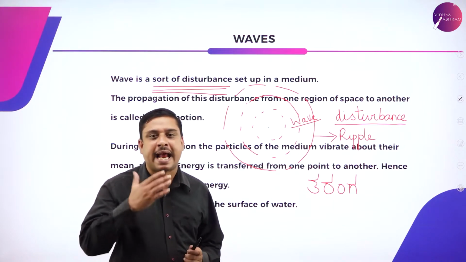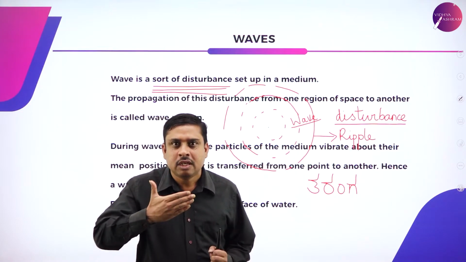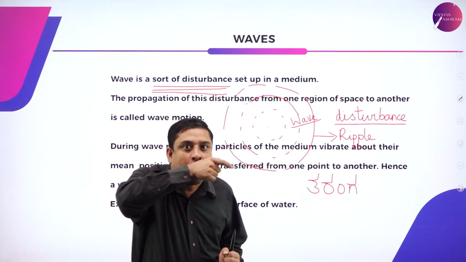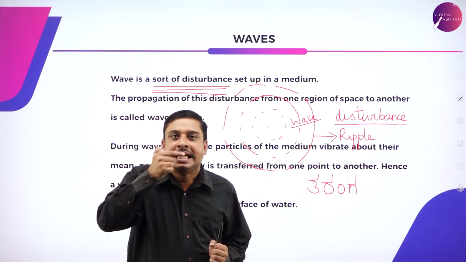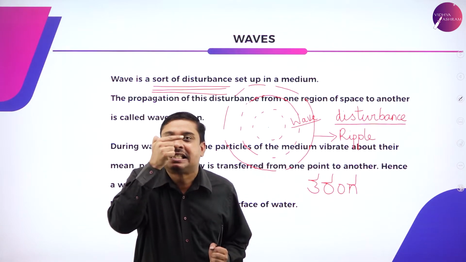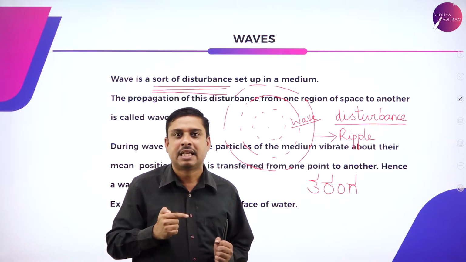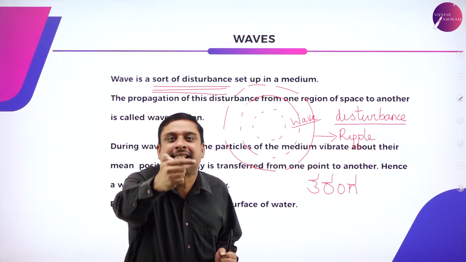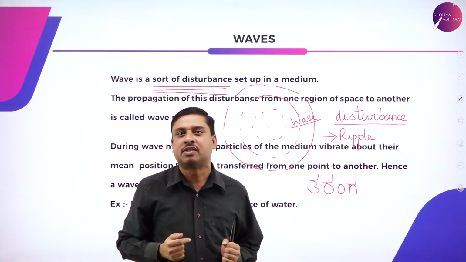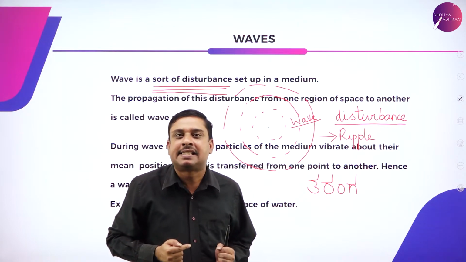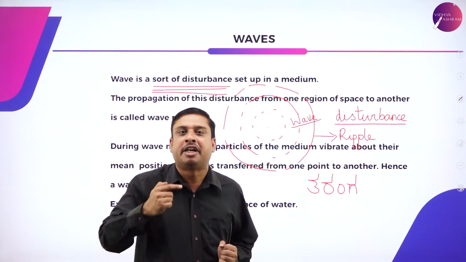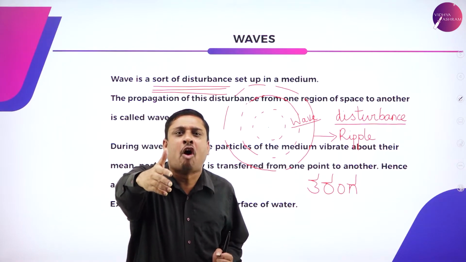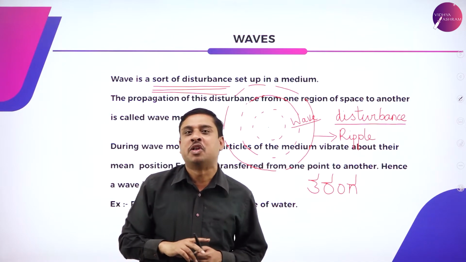See now, actually when I talk, the region of air molecules near my mouth is disturbed first. That disturbance is carried to the next layer of air molecules. Again, the disturbance is transferred to the next layer of air molecules and finally falls as a sound wave on your ear.